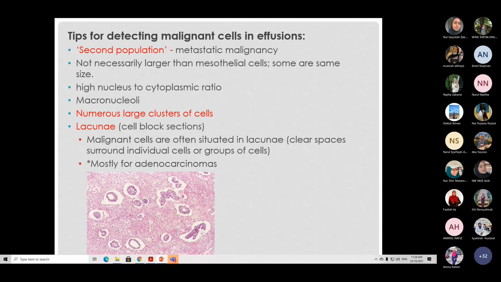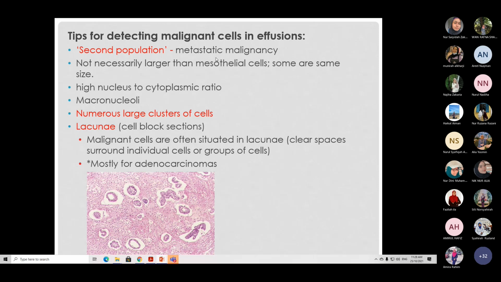Second population also means other cells that do not belong to the serosal cavity, like lung cancer or breast cancer, tumor cells from other organs that travel to the serosal cavity. That is the second population.